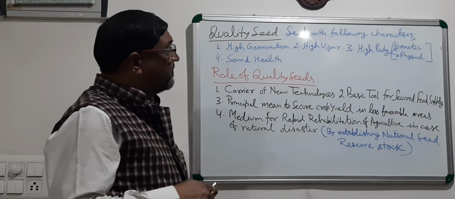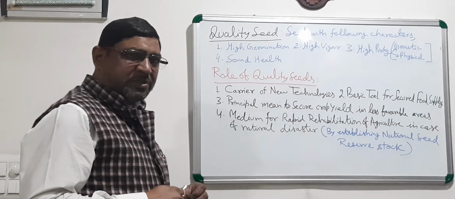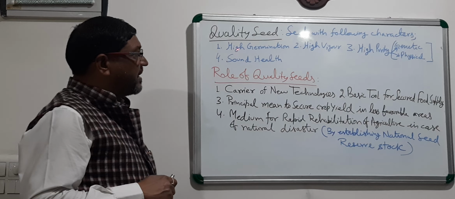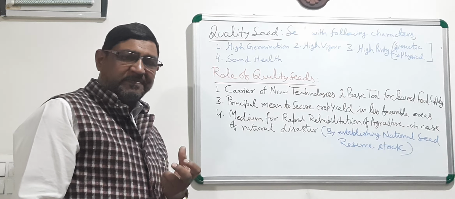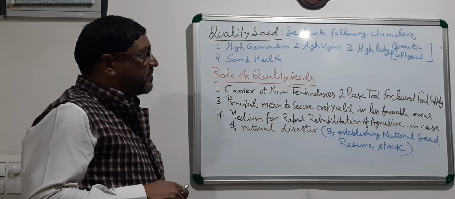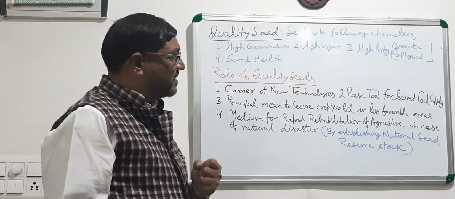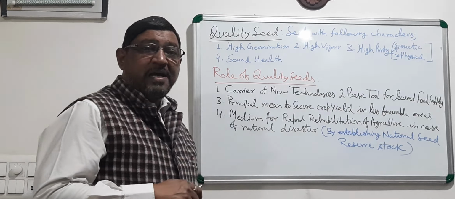So here you can see seeds with the following characters. What are those characters? It must have high germination percentage. It must have high vigor. It must have high purity.